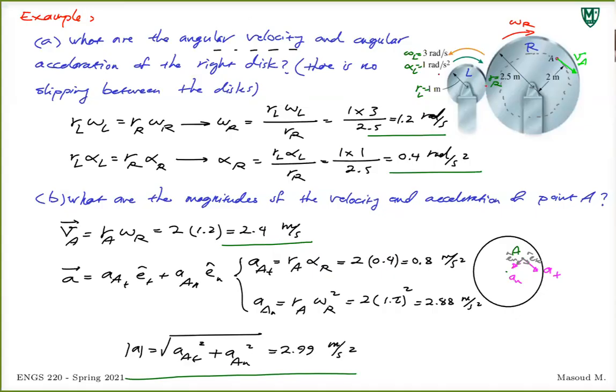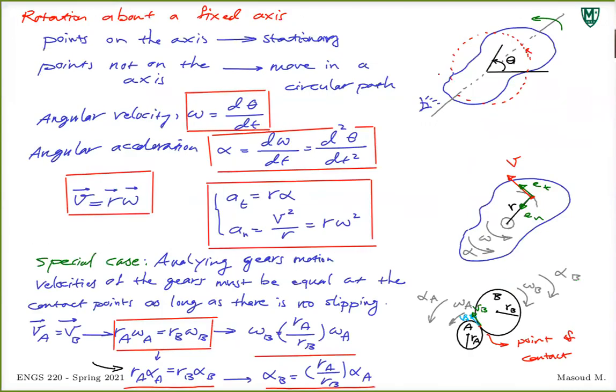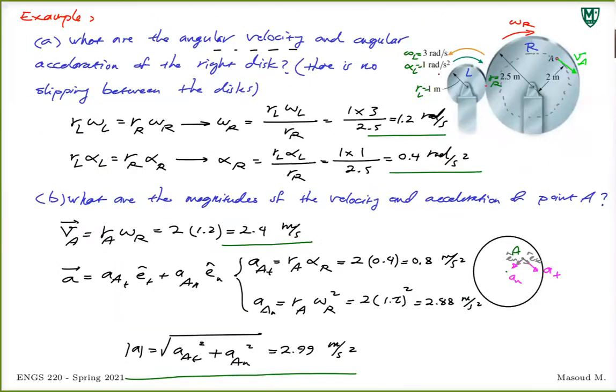We use that to find the angular velocity and acceleration for the other disk once we knew them for the first disk, or the disk on the left. Now, it doesn't have to be a disk. As long as you have a rigid body rotating about an axis, you should be able to use rotation about a fixed axis, whatever equations we derived here, and study that motion. So here is the next example.